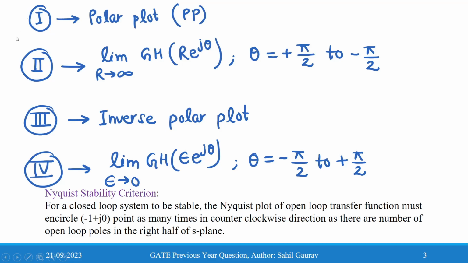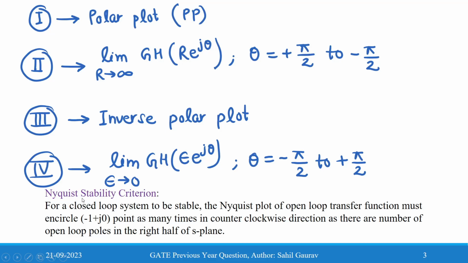With all these mappings we make the Nyquist plot, and then we apply the Nyquist stability criterion to find whether the closed loop system is stable or not.